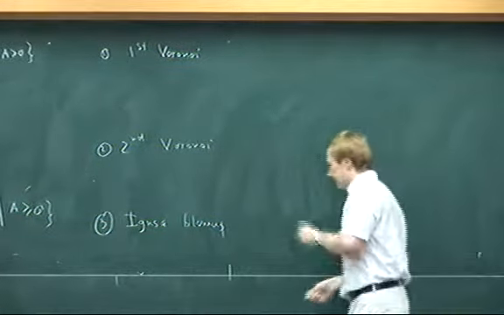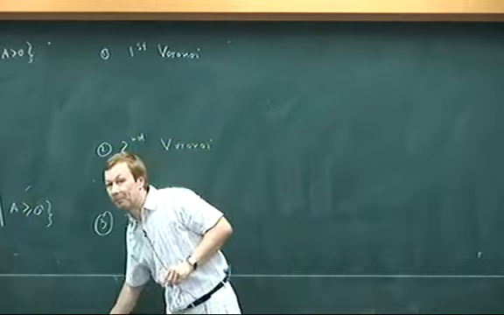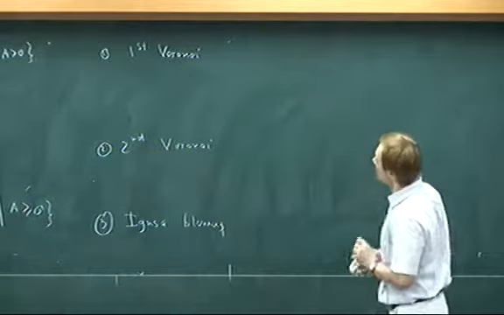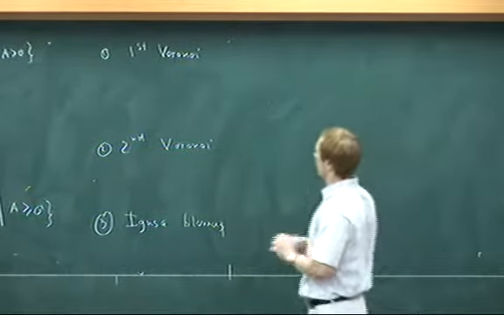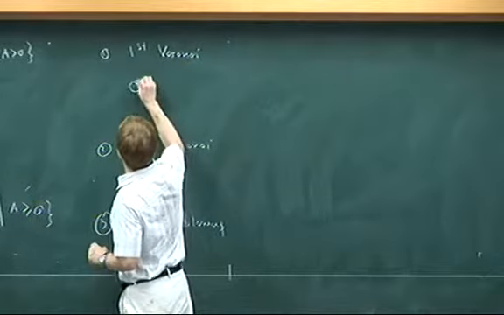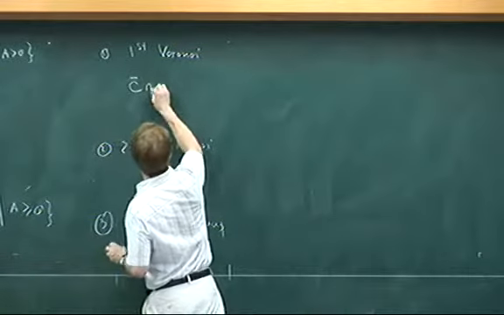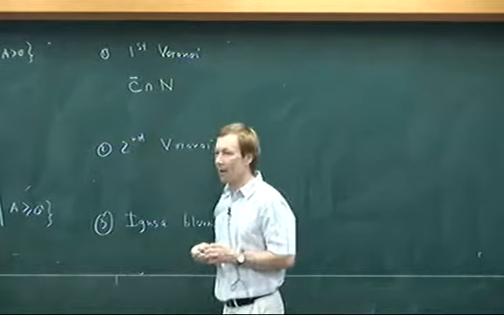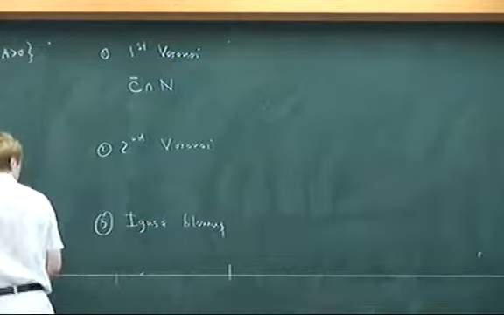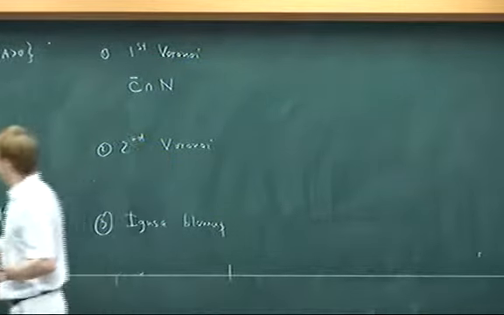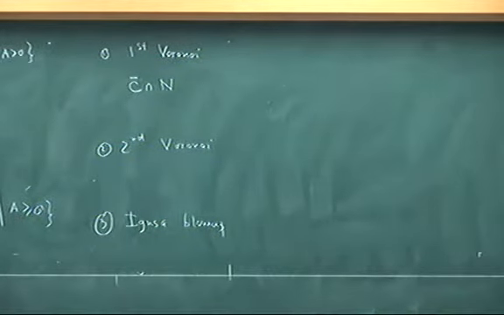So let me introduce them. Here's how the first Voronoi is defined. You look at this C bar, this cone of semi-positive matrices, and you intersect it with M. So let me draw a picture.